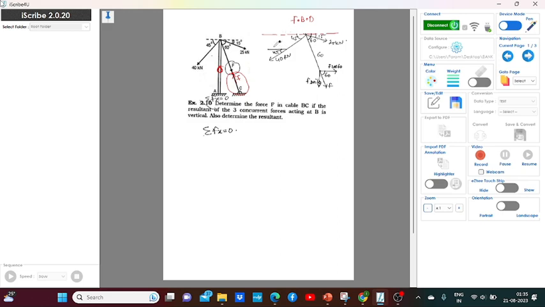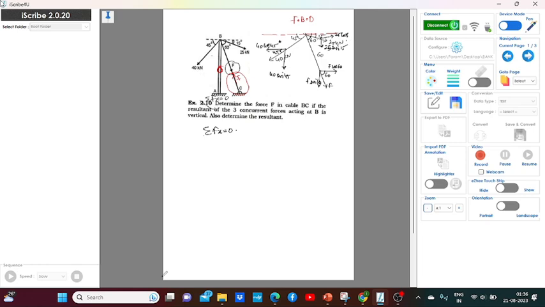This line is parallel, so it also becomes 45. So it will be 40 cos 45, and this part will be 40 sin 45. Here it will be 25 cos 15 and 25 sin 15. It is so simple.